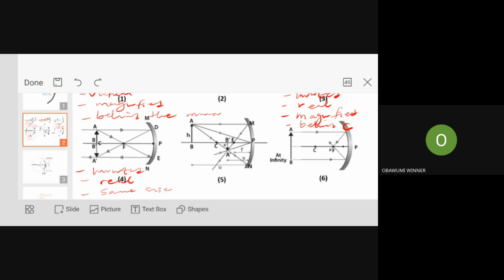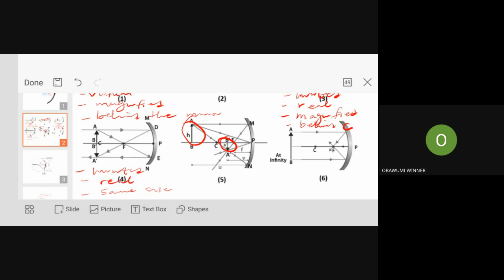Now notice, the object is at this point. Look at the image formed at this point. You see, the image is formed in between C and F. So when the object is kept behind C, we have an image formed in between C and F. So the image will be formed between the center of curvature and the principal focus, which is otherwise called the focal point.